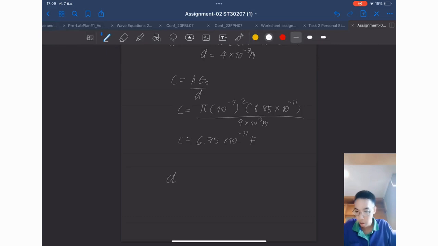And now we know that dE by dt equals dV by dt divided by the gap.